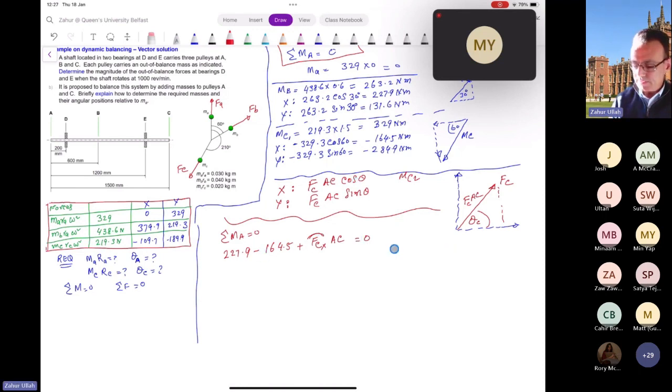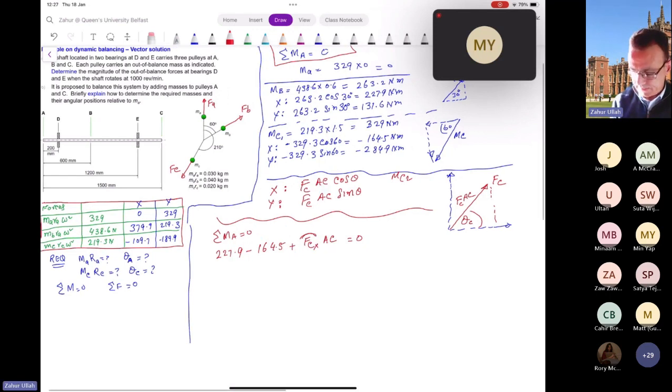If you do this, then the only unknown here, because we know AC, so AC is 1500 millimeter, which is 1.5 meters, is this FCX.